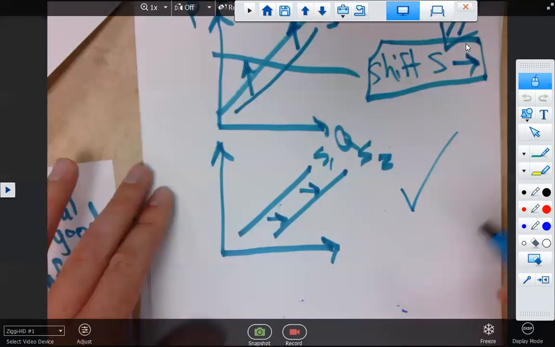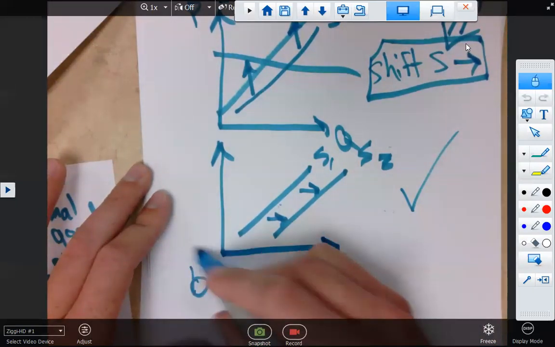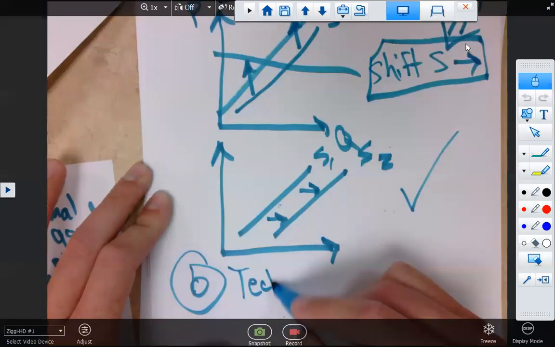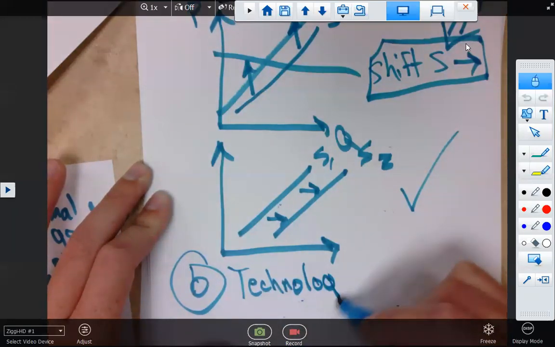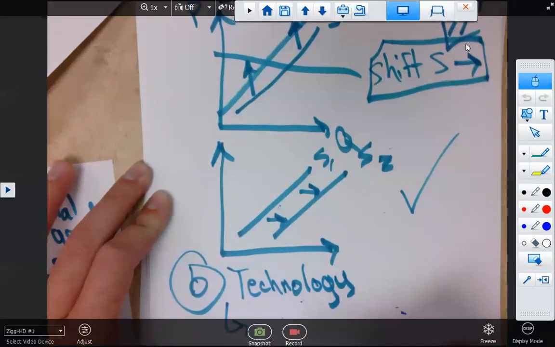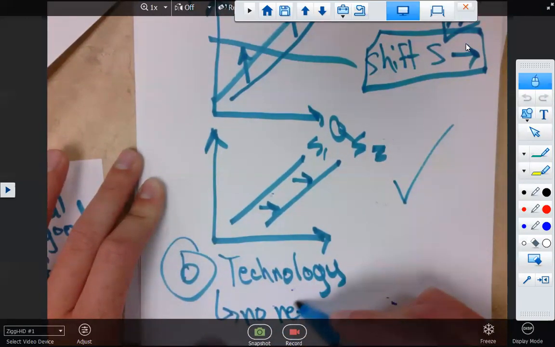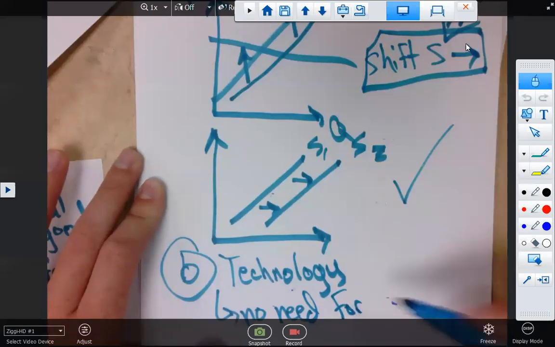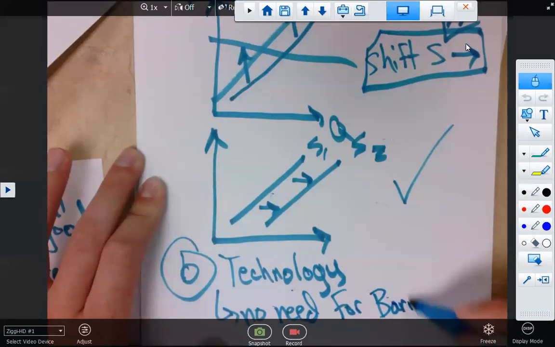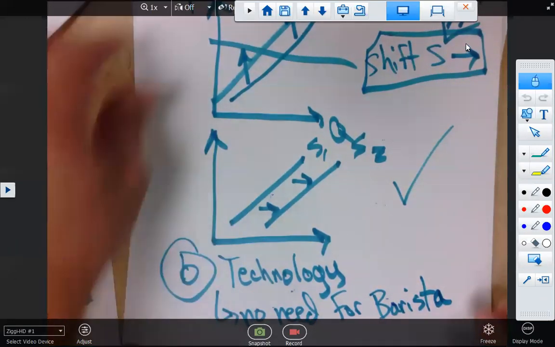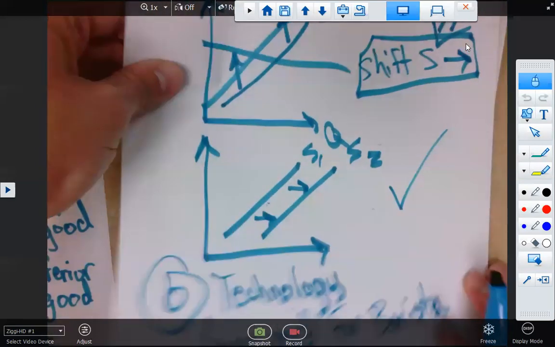What about technology? What if you don't need baristas anymore? No need for a human operator, right? Well, that's going to shift the supply outwards as well.